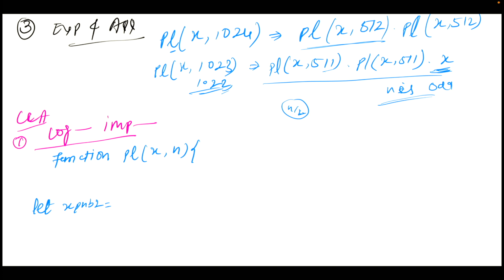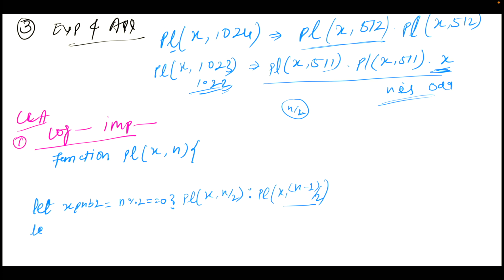So here we write: if n modulus 2 equals 0, meaning it is even, then we implement PL of x comma n by 2 without thinking anything. Otherwise, if it is odd, it will call PL of x comma n minus 1 by 2. We have to make it even first, then divide by 2, right?